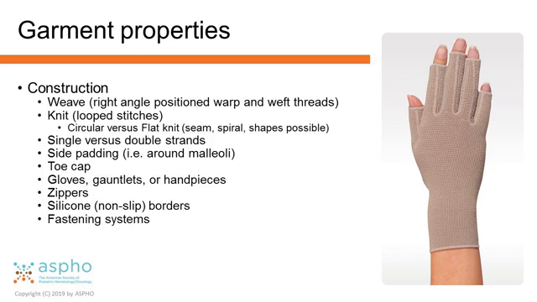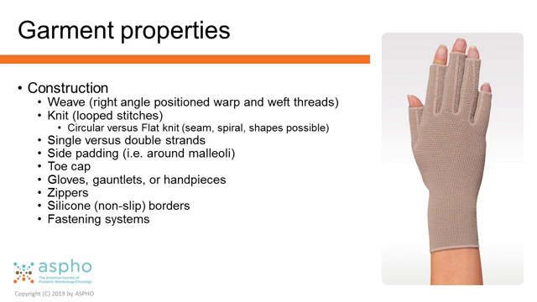So if there's a lot of lobule types of shapes, you're likely going to have to go with something that's going to be seamed and more flat knit to accommodate those shapes. Single versus double strands is important in that if there are concerns about the garment binding, we would go with more of a double-stranded material.